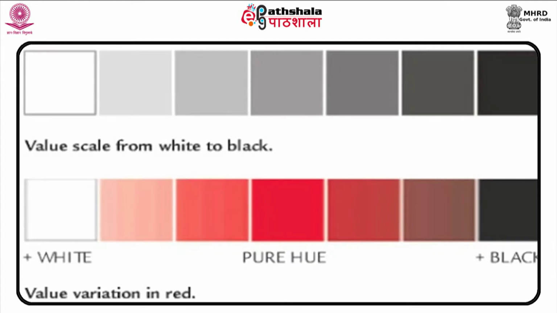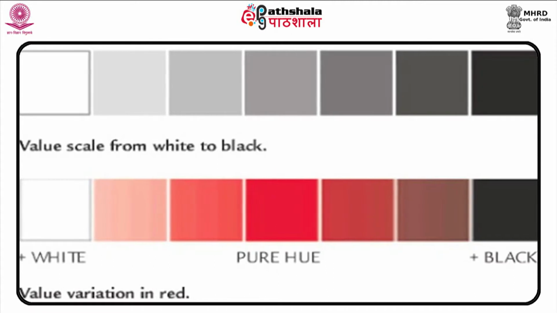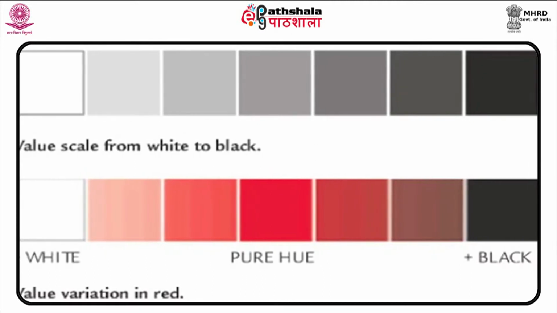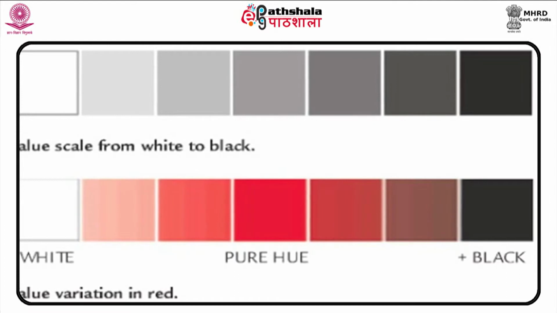Value. The relative lightness or darkness of an image is its value, also called brightness, shade or tone. An object's value is a function of the amount of light reflected from its surface. Grey, for example, reflects more light than black, but less than white, which makes grey lighter than black and darker than white.